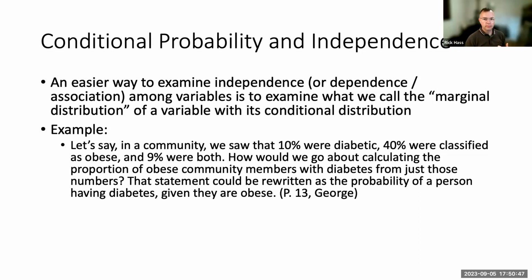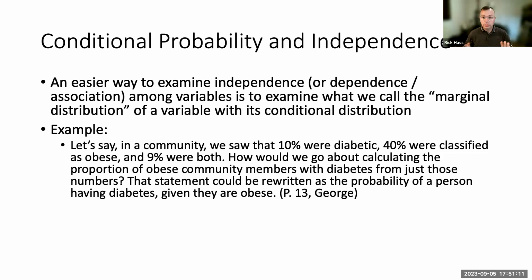We found that, ignoring obesity, 10% of folks were diabetic. We would call that the marginal probability of diabetes, without respect to any other information. That's the marginal distribution or marginal probability, 10%, 0.10.